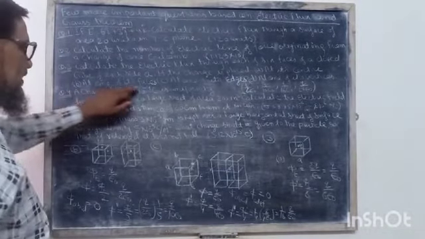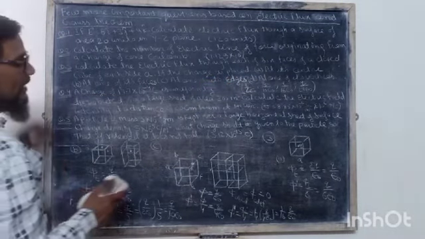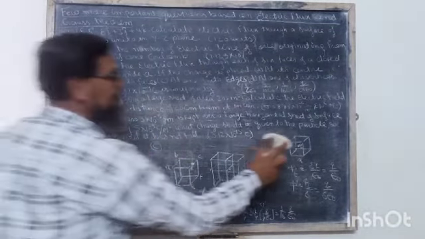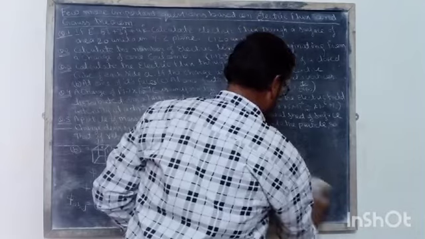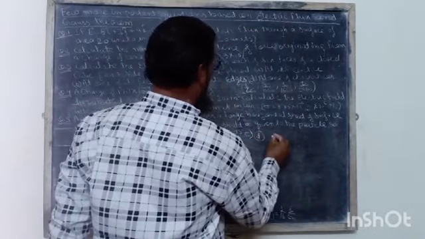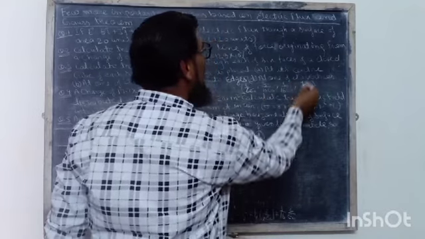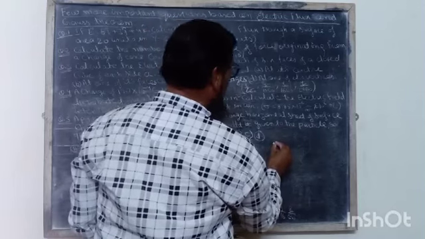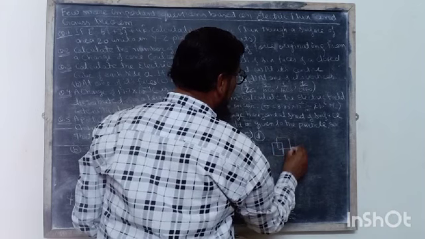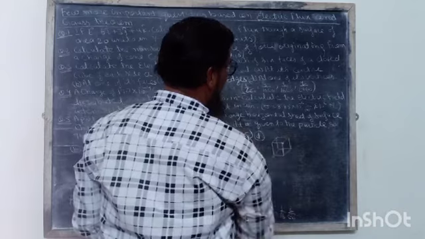Now we shall consider the last case of the electric flux, and it will be this one, the D part. The charge is at one of its vertices, means the charge is given to us at this vertex.